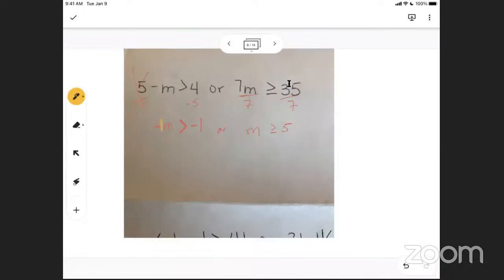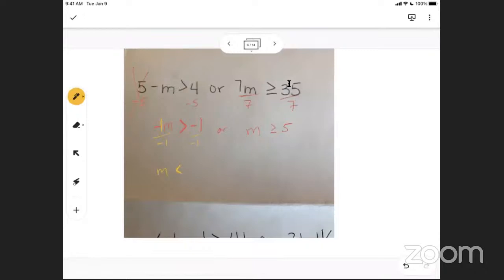Good. And so dividing by -1, what does that give me on the left side? That gives you m is greater than. Do I keep that sign as a greater than sign? Oh, you flip it, yeah. Yeah, don't forget to flip it. Whenever you multiply or divide by a negative number, you have to flip the sign.